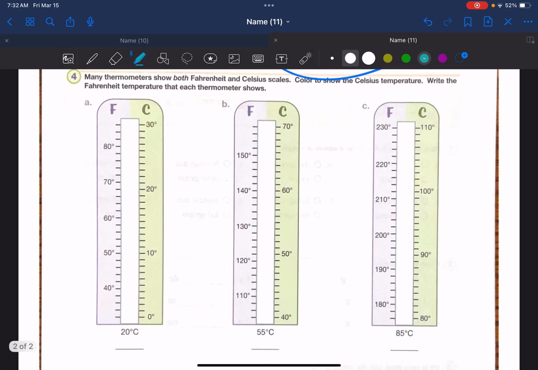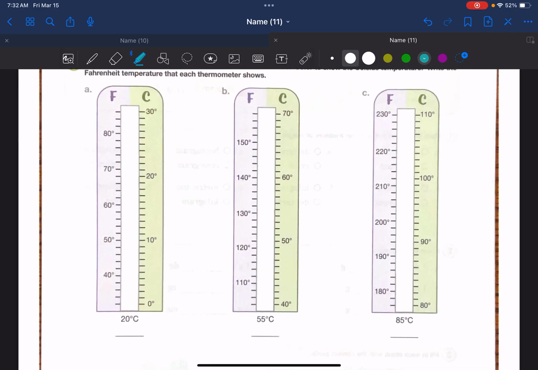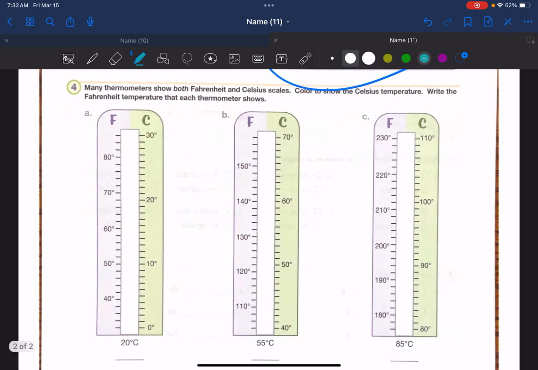So this is only 3 problems. I'm only going to do one of them with you. Okay, so if it says to show 20 degrees Celsius, I'm going to come up to where it says 20 degrees Celsius, and then I'm going to color it in. Okay, and then if this was at 20 Celsius, what is that at Fahrenheit?